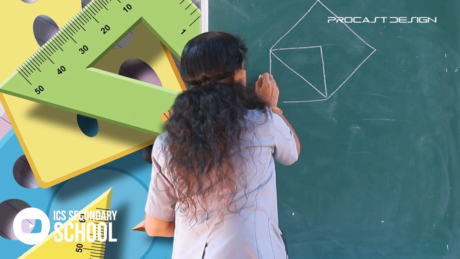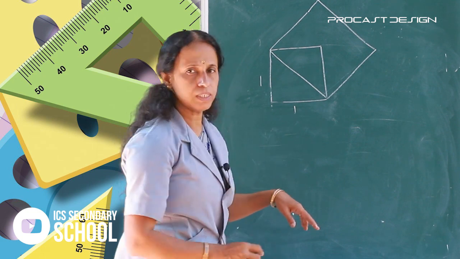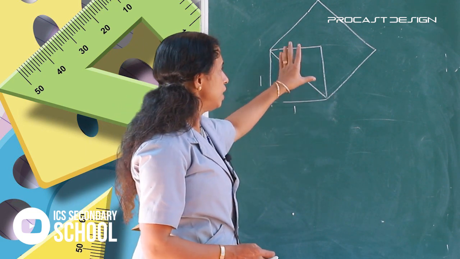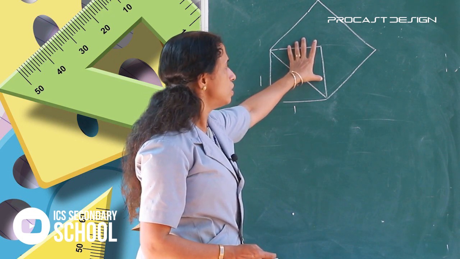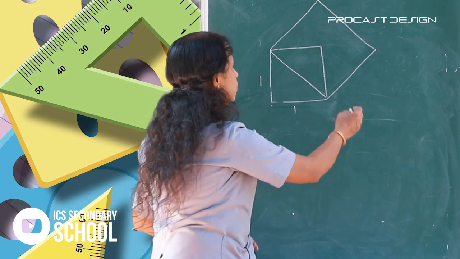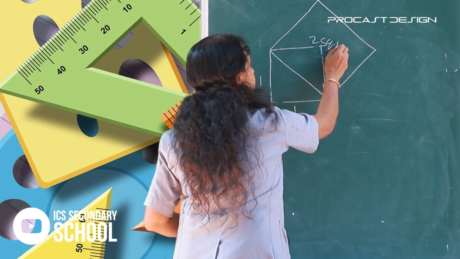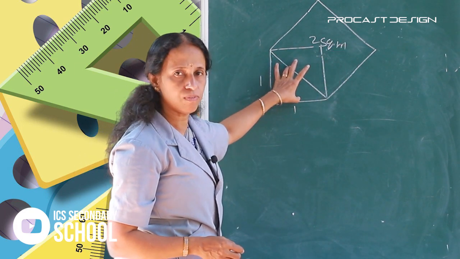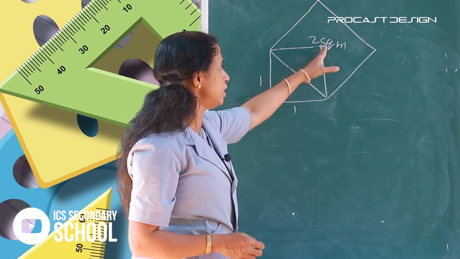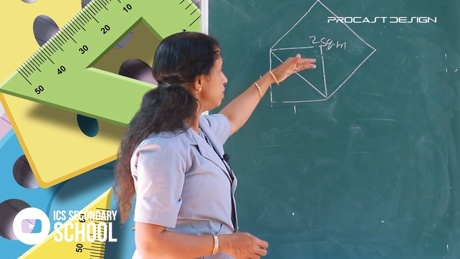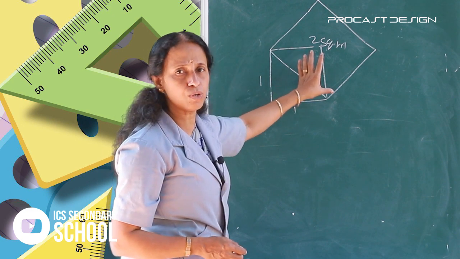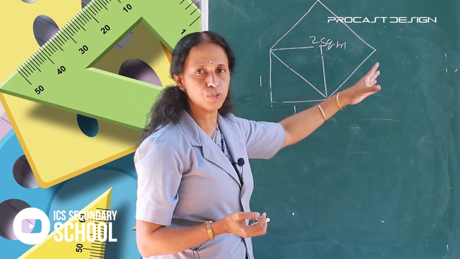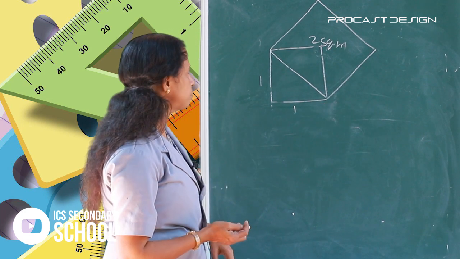If one side of the square is 1 meter, the area of the large square is 2 square meters. If the area of the small square is 1 square meter, the area of the large square is 2 square meters. The area of the large square is 2 times the area of the small square.